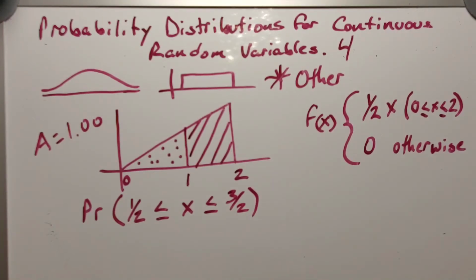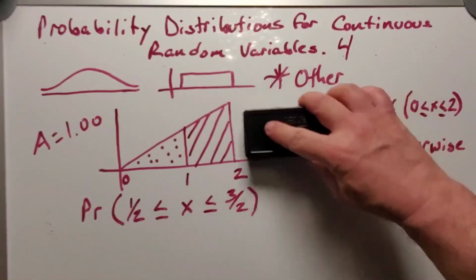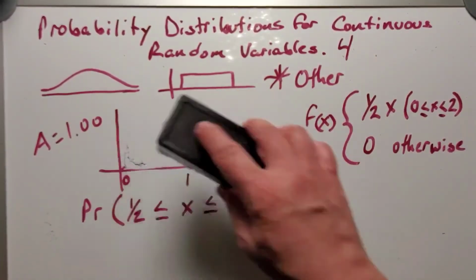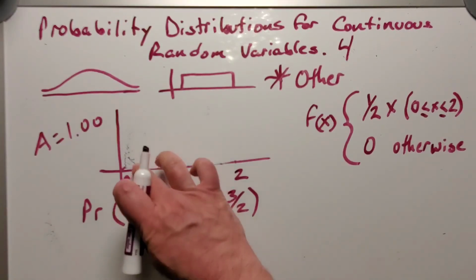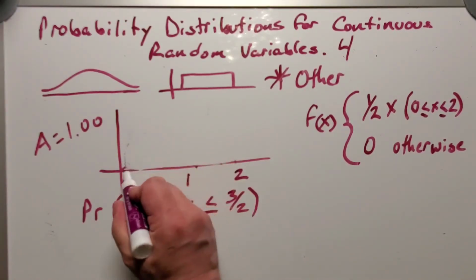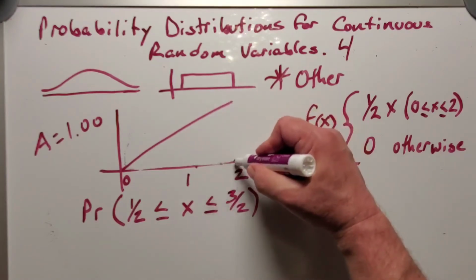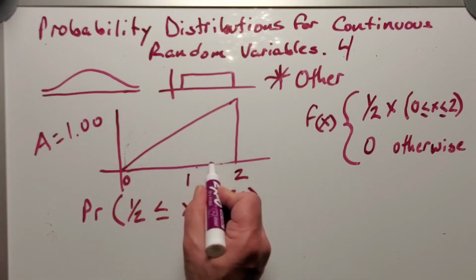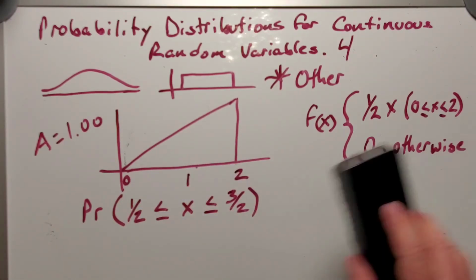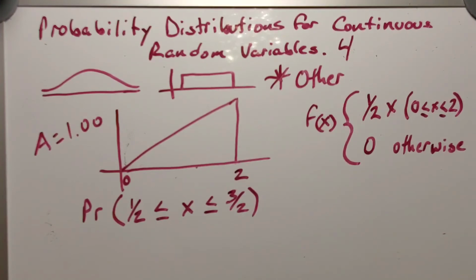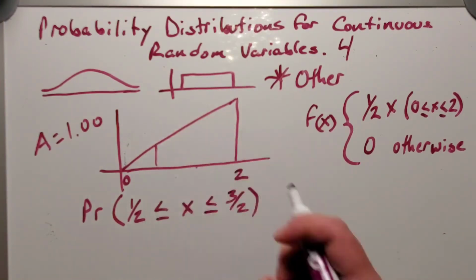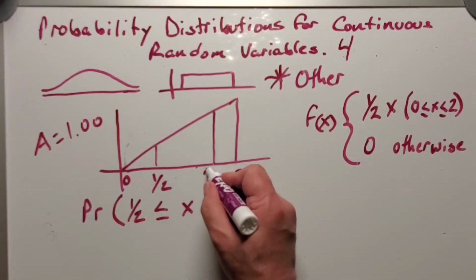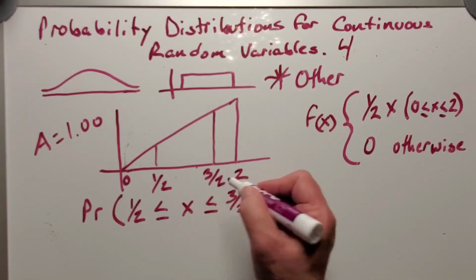Now we're going to need a new triangle for this one. Let's draw a picture of what we want first. What this question asks us is, what is the area between 1/2 and 3/2, which is 1/2?